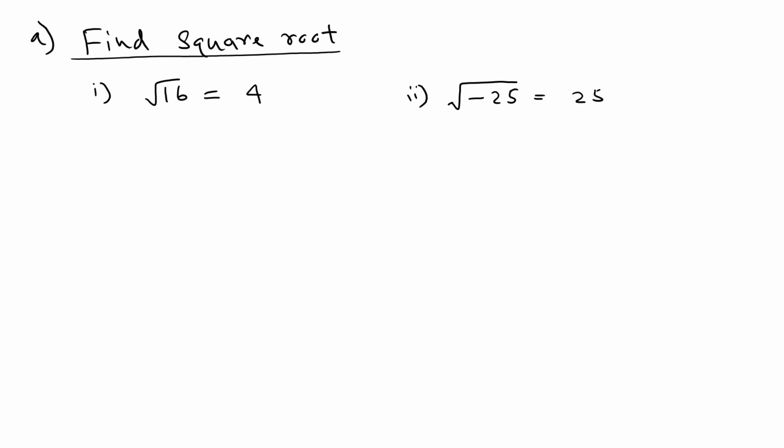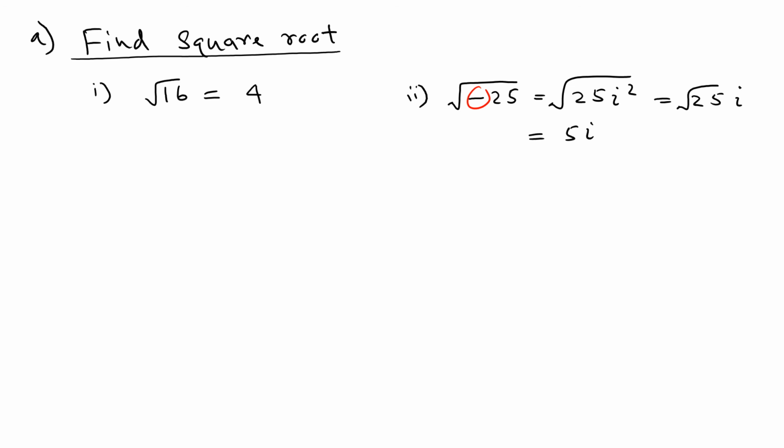We write this as the square root of 25 i squared. You replace negative with i squared, and we take the square root. Once you take the square root, we only get the positive one. So it is the square root of 25 times i. That means the answer is 5i. I get one answer here.